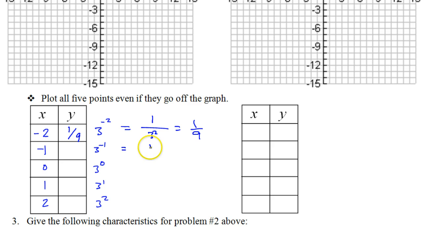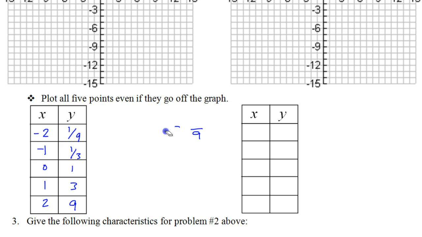And then 3 to the -1 power is just 1 over 3. Anything to the 0 power is 1. 3 to the 1 power is just 3. And 3 squared is 9. Alright, notice how the top two and the bottom two are just reciprocals of each other. That will make your calculations go faster, and it's sort of self-checking.